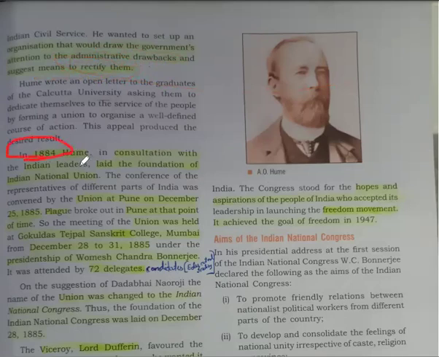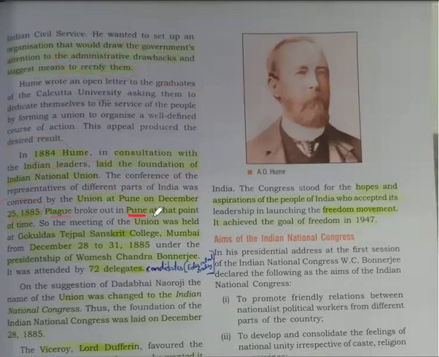Now, in 1884, A.O. Hume, in consultation with the Indian leaders, laid the foundation of the Indian National Union. A conference of the representatives of the different parts of India was convened by the Union at Pune on December 25, 1885.